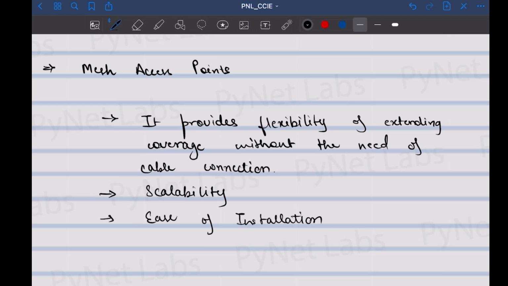Now, use cases can be any scenario where you want to extend the coverage. Let's say you have a cafe where you want to provide the wireless network to the people waiting outside, where there is a sitting area, and you want to provide the signals there as well.